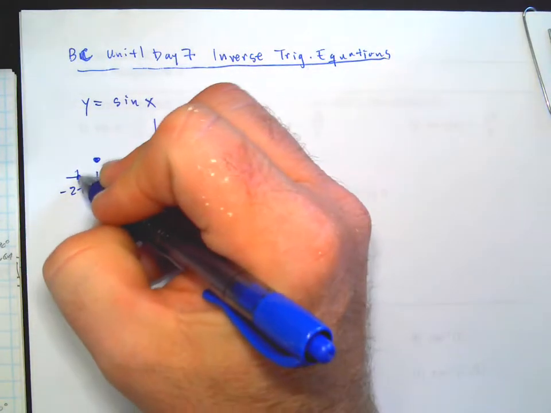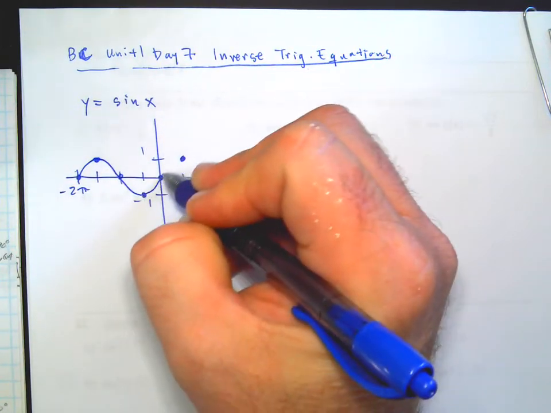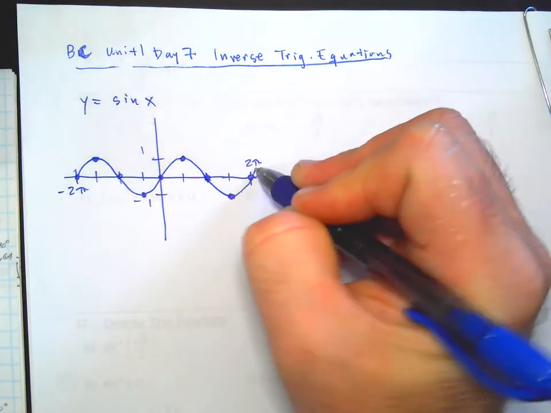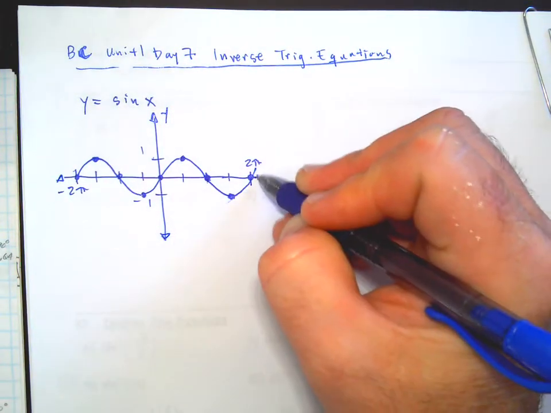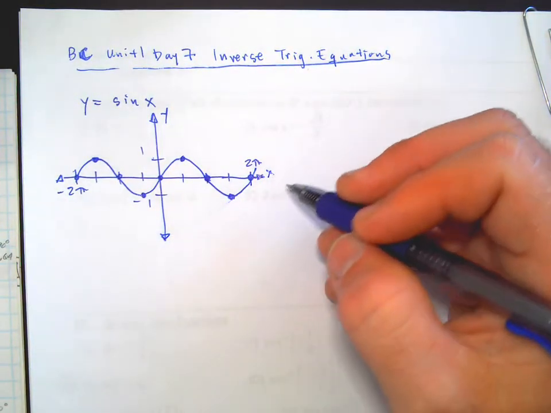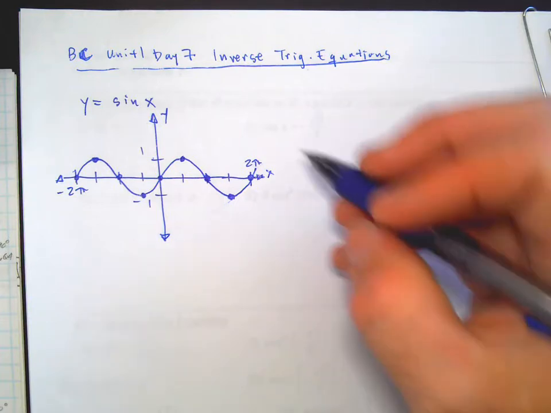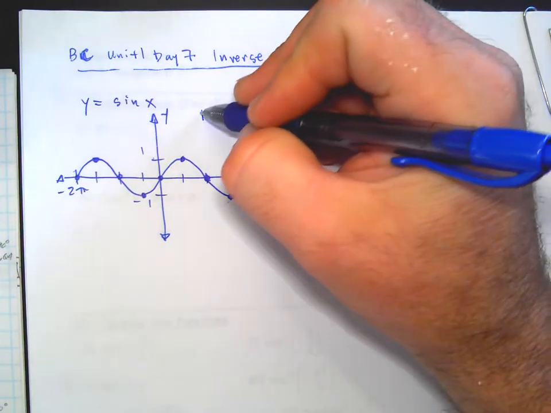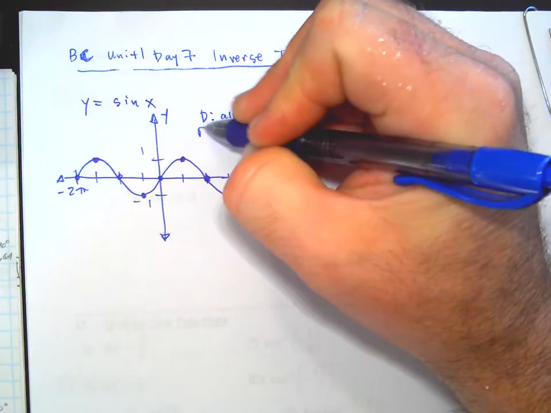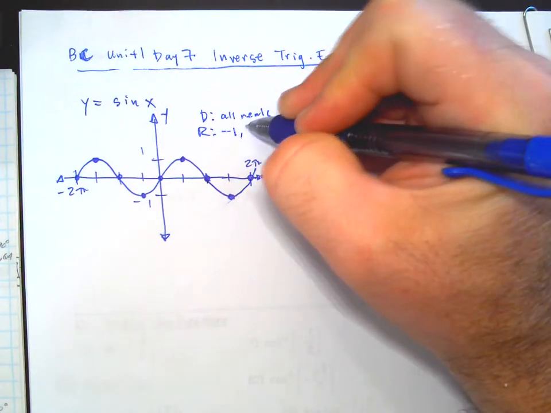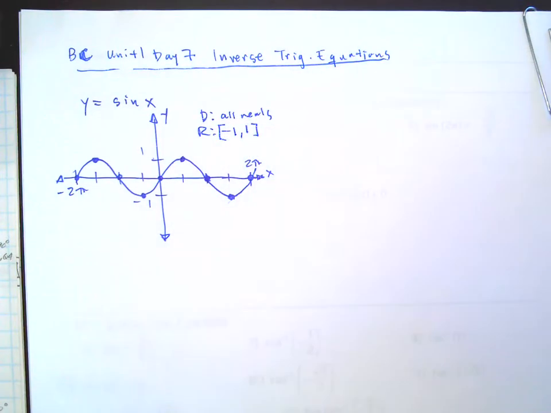So this is the sine curve, which you guys should be very familiar with. The domain of this graph is all reals, and the range is -1 to 1 inclusive, brackets.